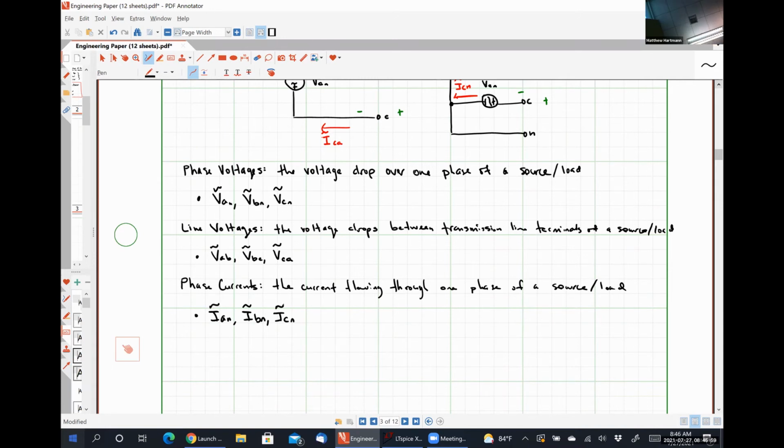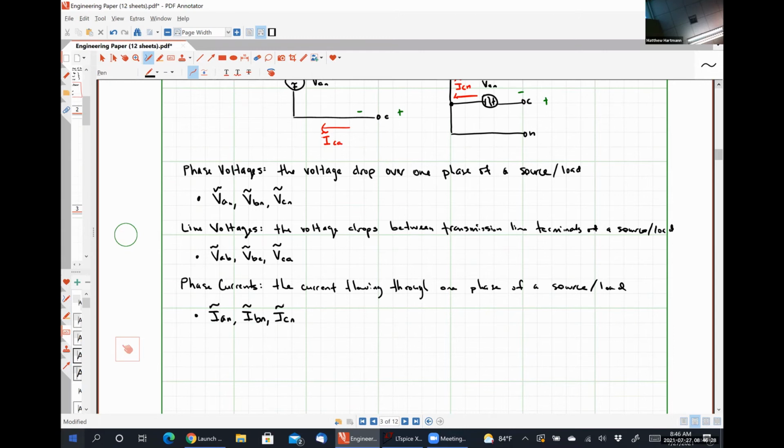There is a quantity called a line current as well. But we can't talk about a line current until we are dealing with a whole closed system, because the line currents are simply the currents that are flowing through the transmission line, which connects the source to the load.